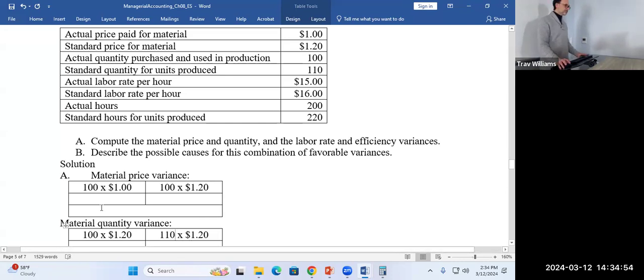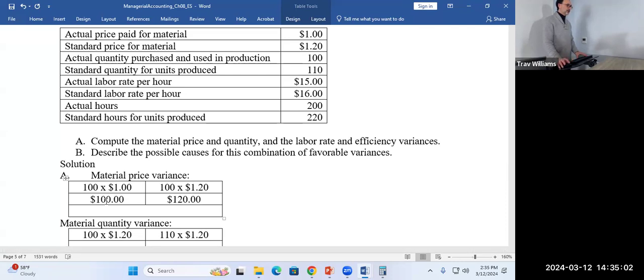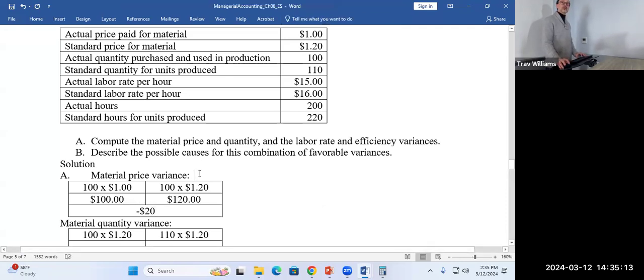Right? So that means we have $100 here, $120 over here. And when we subtract, we get negative $20. Am I right? Okay, so we have a $20 favorable variance for material price.